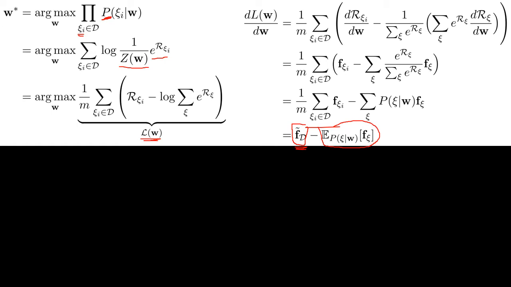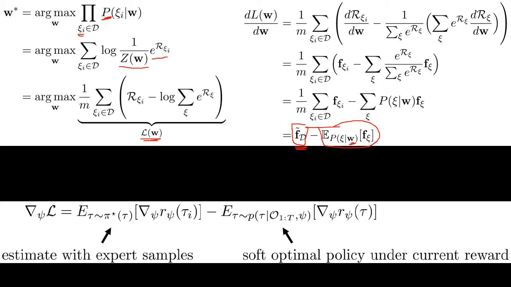It's called D here, so it's the expert's, minus the expected feature counts, or feature expectation, under the current W. To put it another way, the gradient with respect to the parameters, which is W in our case, is just the difference between two feature expectations: the one of the expert, which we estimate through samples, and the one under the current rewards.